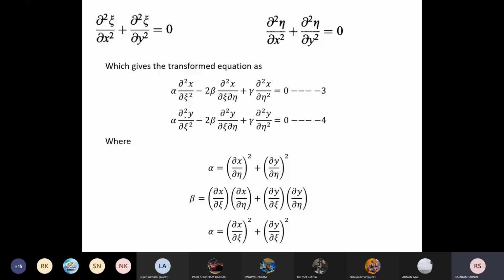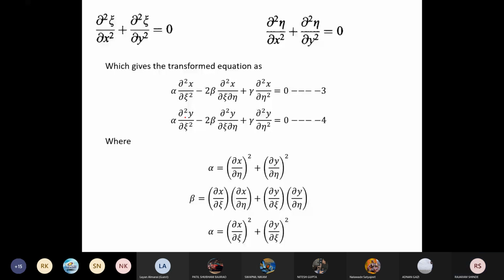However, to properly pose the elliptic partial differential equation problem, we need all boundaries to be specified. That means all the boundaries should be known to us for an elliptic equation.